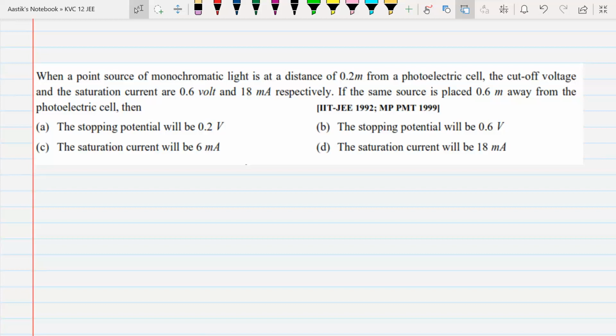I think I have given you enough time. If you cannot solve it in this time, B. If it's not A, then B, then we'll go on C, then I'll go on D. One or the other will be right. And out of C and D, only one can be correct because both cannot be correct. If A is not correct, then B has to be correct. If A and B are not correct, either one of C and D has to be correct. We are not playing Kaun Banega Crorepati.